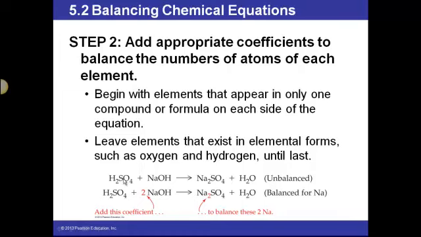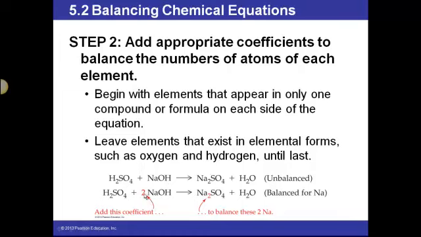That's actually balanced. Let's take a look at sodium. We've got one sodium over here, and two sodiums over here. So this is not balanced. We need another sodium on this side to balance the two sodiums on the other side. To do this, we can't change the subscript because that would change our molecular formula, and then we would have an incorrect number of sodiums actually bonded to the hydroxide ion.